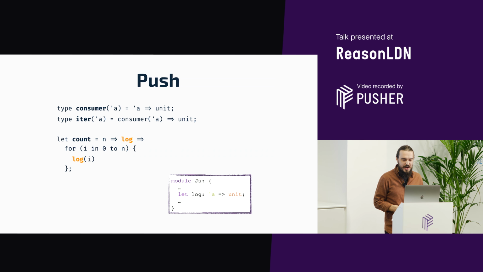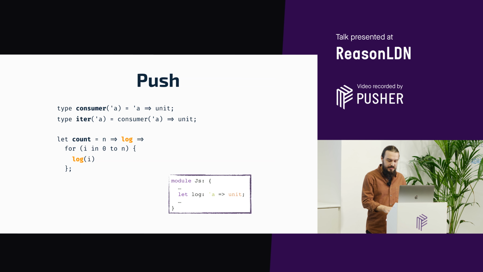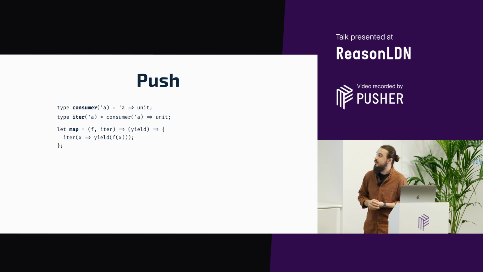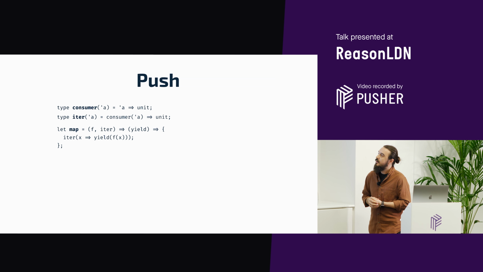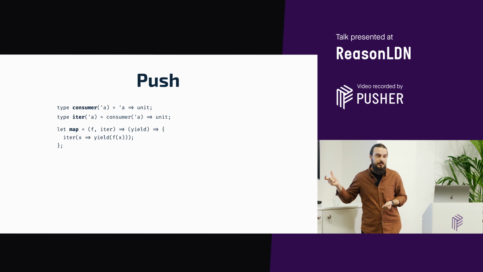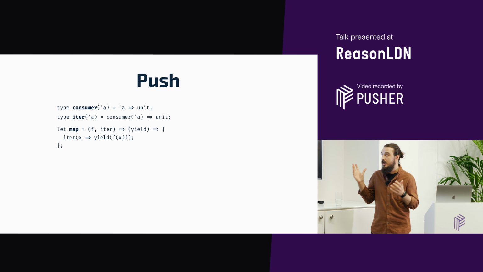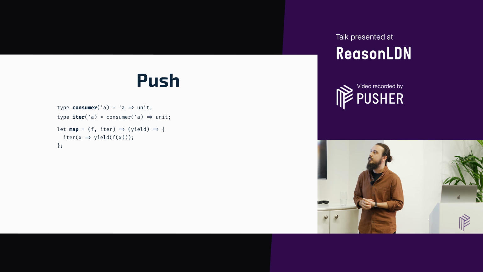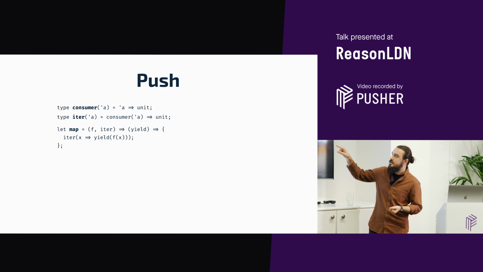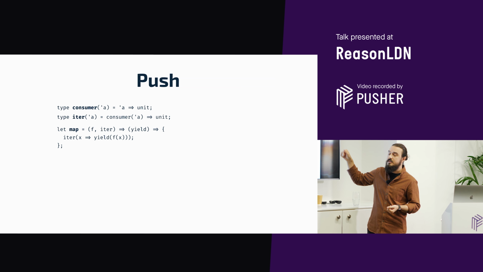OK, so how would we implement other functions in our original interface with this? This is the implementation of map. So yield is still an argument. It's not special. We receive it, and we know that it's going to consume the values somehow. It doesn't really matter what it's going to do. We just know that we need to send them down to that consumer. That's our only responsibility in map. But iter itself, look at the type, is a function, right? Iter itself is a producer.